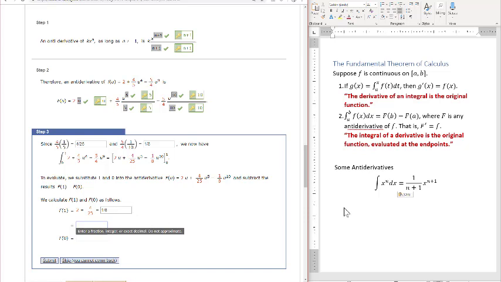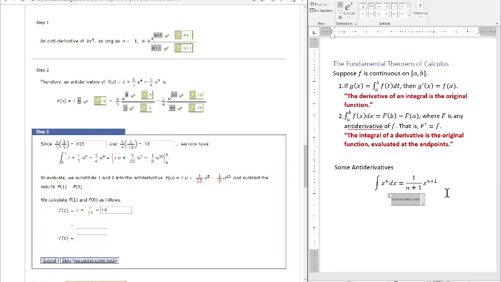Let's see, we need to simplify this, so let's quickly do that with your calculator or whatever. We have 2 plus 4 over 25 minus 1/8. Let's see, common denominators, so we have to multiply this out. So that's 25 times 8. So we need to multiply this by 25 over 25, and we need to multiply this by 8 over 8, and we also need to know what 25 times 8 is.